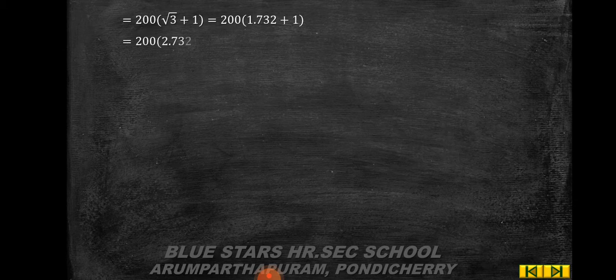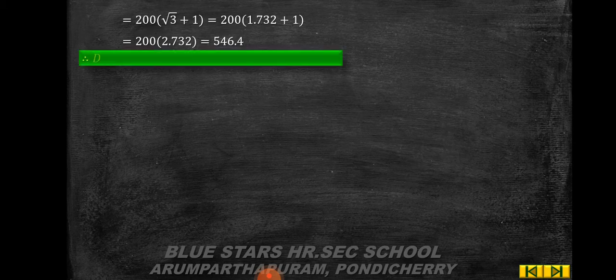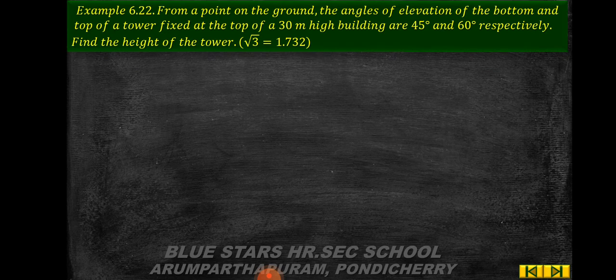So, which is equal to 200 into 1.732 plus 1, which is equal to 200 into 2.732, which is equal to 546.4. Therefore, the distance between the two ships is equal to 546.4 meter.